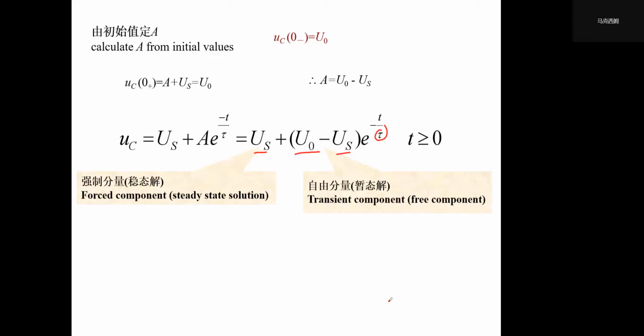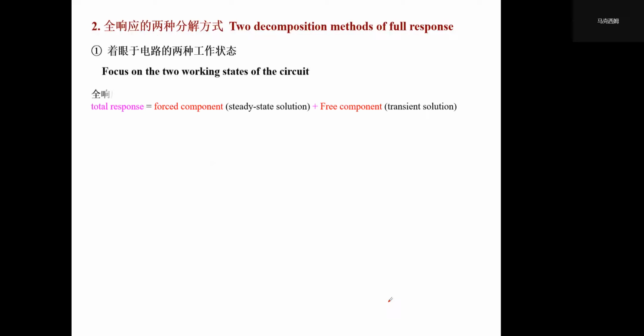So we can see the two kinds of decomposition method of the full response. We can focus on the two working states of the circuit. So the total response equals the forced component plus the free component. One is a steady state solution, the other one is a transient solution.